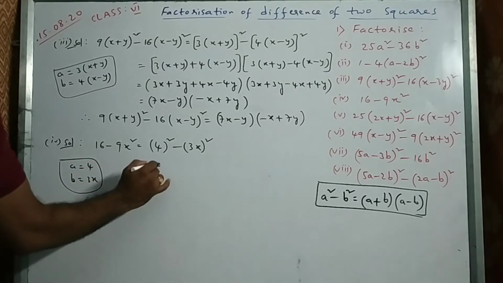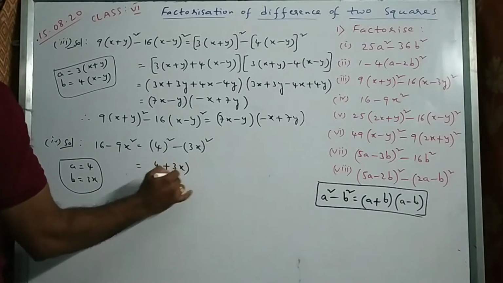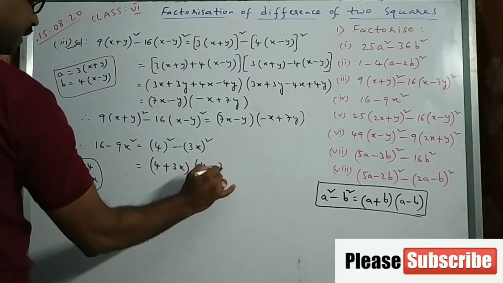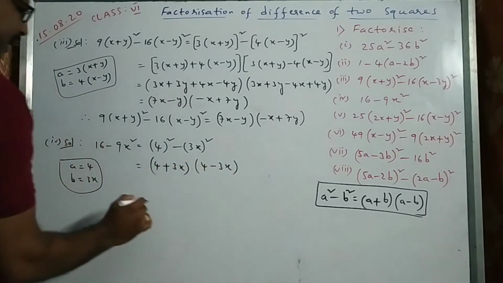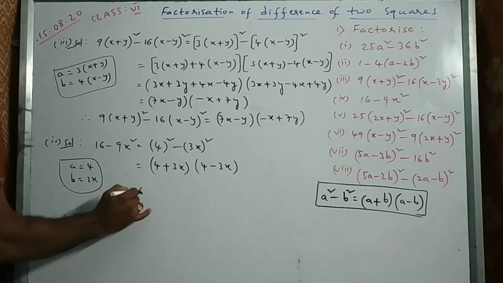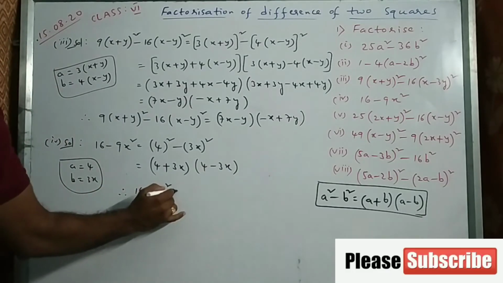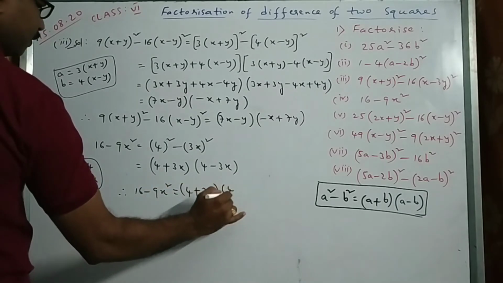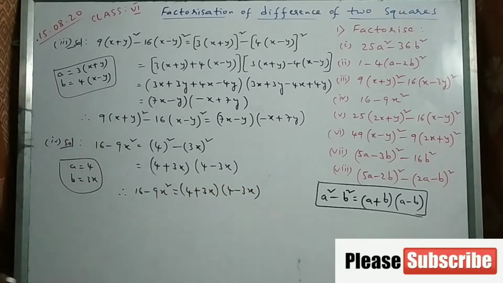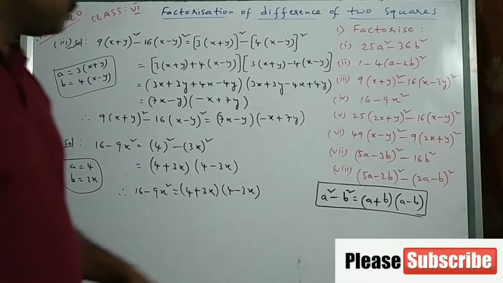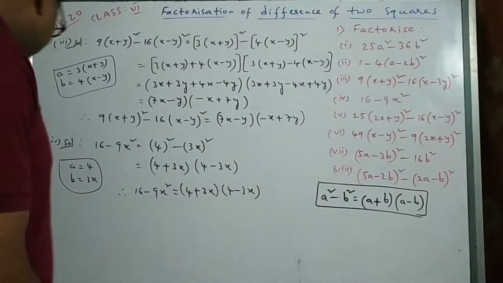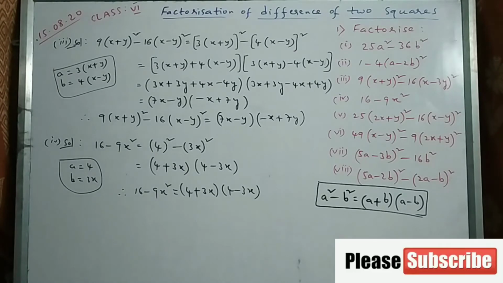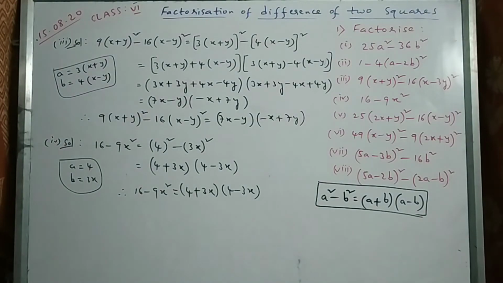So how can I write 4 plus 3x into 4 minus 3x, right? Formula you can write there. So 4 plus 3x into 4 minus 3x. So a square minus b square equals a plus b into a minus b. Fourth one is easy. Now fifth one.